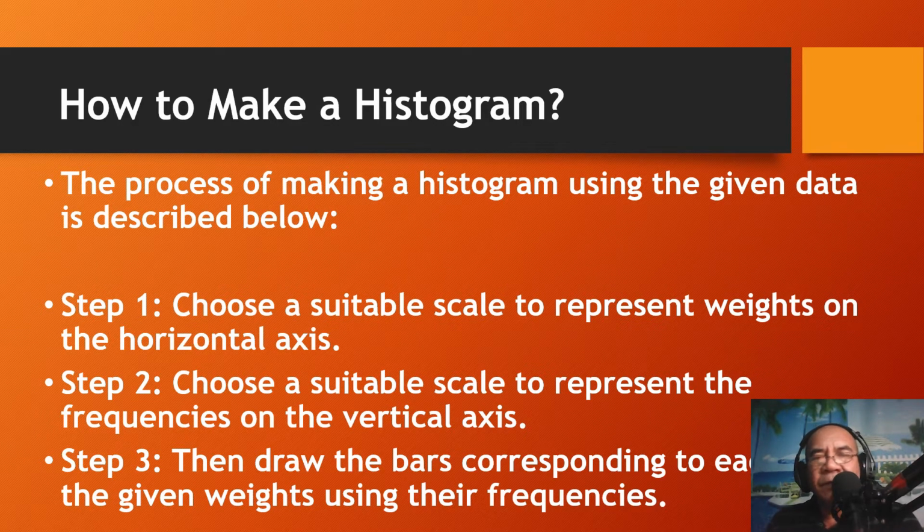Step number 1, choose a suitable scale to represent weights on the horizontal axis. Step number 2, choose a suitable scale to represent the frequencies on the vertical axis. And step number 3, draw the bars corresponding to the given weights using their frequencies.